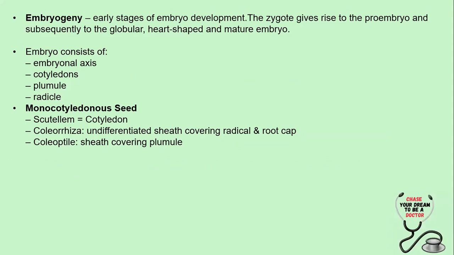Very important question. The undifferentiated sheath covering the radicle portion is the coleorhiza, and that covering the plumule is the coleoptile.